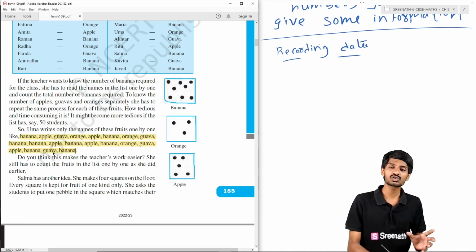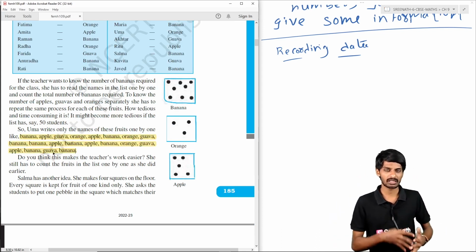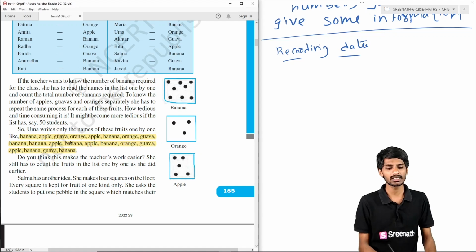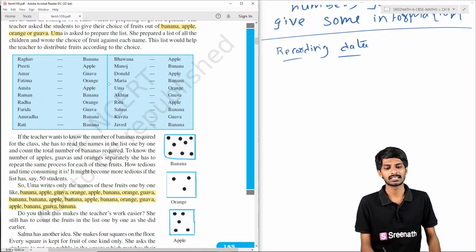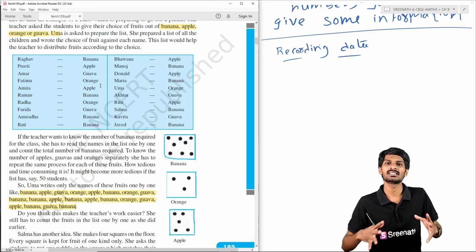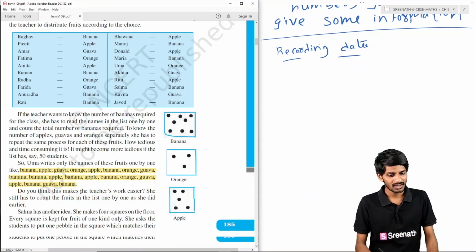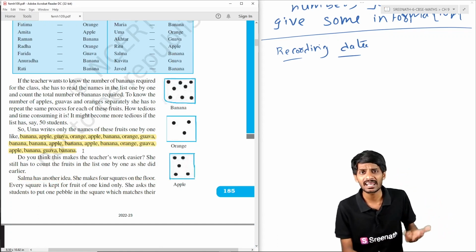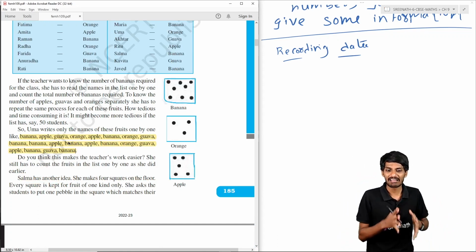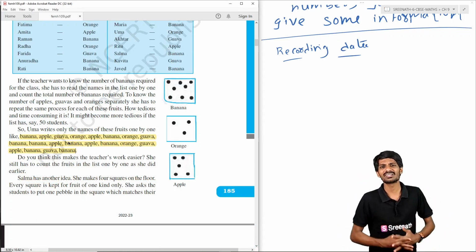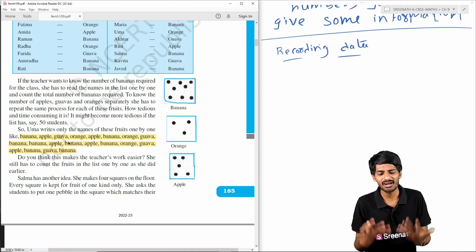So this is also recording the information, recording the data. This is one way of recording data, and this is another way. This way of recording data is complicated for finalizing how many fruits we want, so she tried another way. This way of recording information is also difficult. In this way also she can't do it easily.